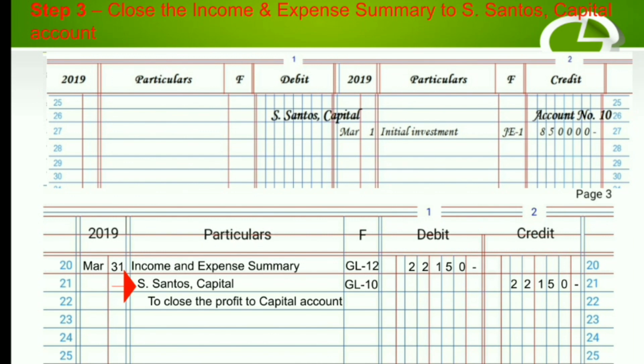The date of this is March 31, so we'll write 31. And this is all about the closing entry. For the folio, it's JE3, since this is taken from page number 3 of the general journal. And then the amount is 22,150 pesos.